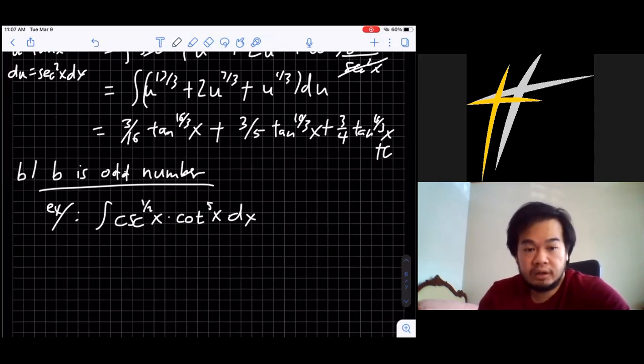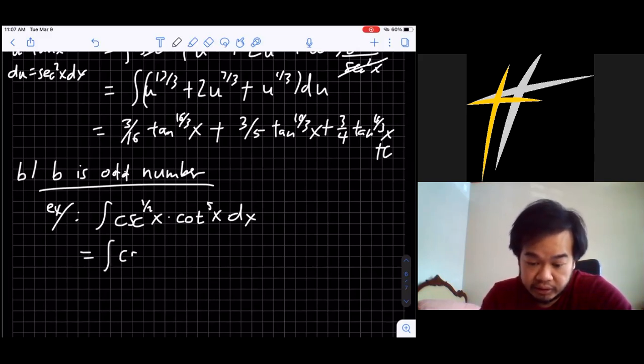Okay. So if this is happening, then what you need to separate is cosecant cotangent. I will tell you why later. So separate the cosecant x, cotangent x.